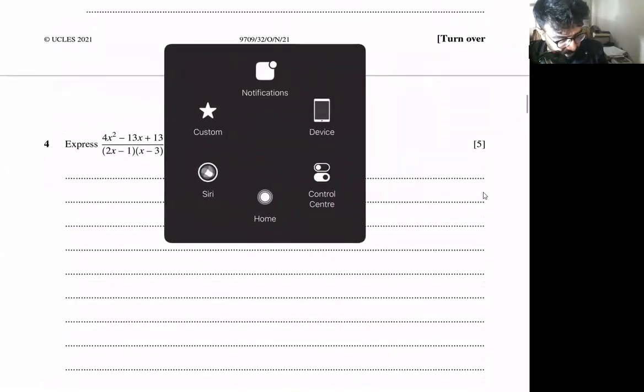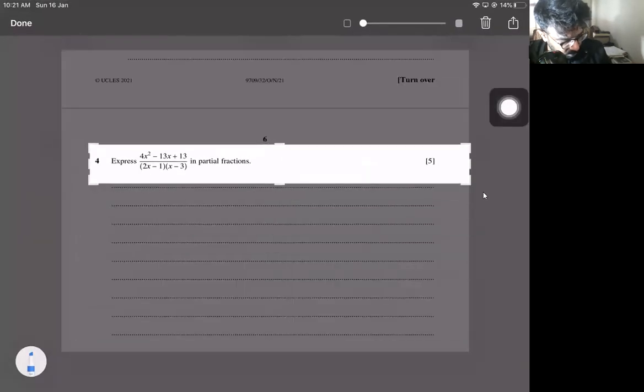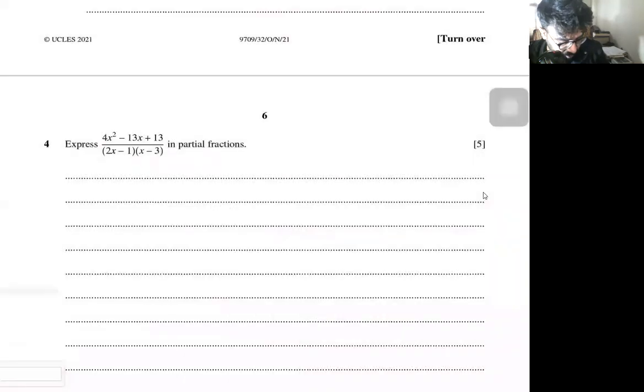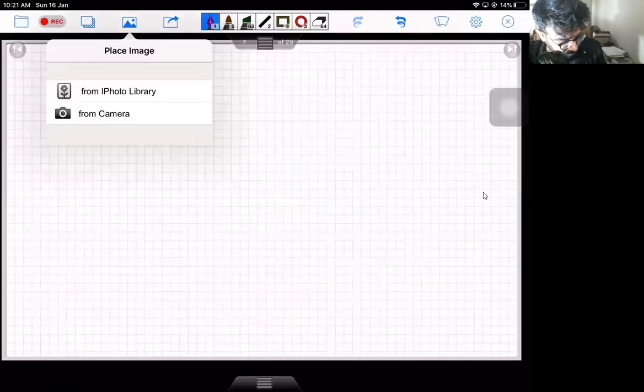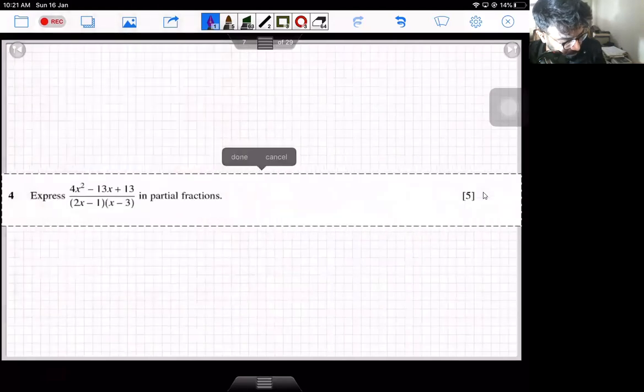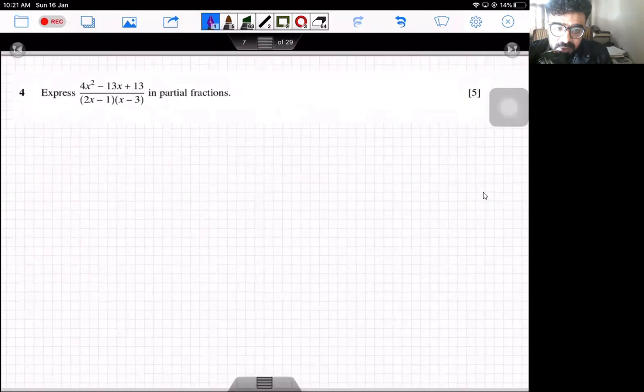All right, so here we have question number 4. Partial fractions. This question is worth 5 marks. Express 4x squared minus 13x plus 13 divided by 2x minus 1 times x minus 3. As we can see, the numerator is a quadratic expression and the denominator is the factorized form of a quadratic expression.